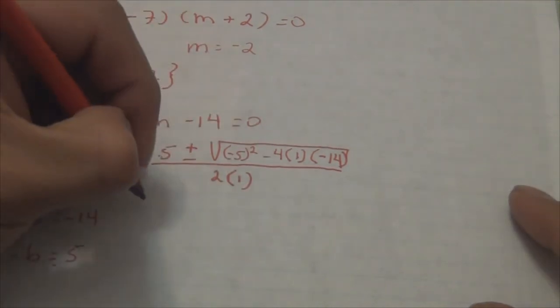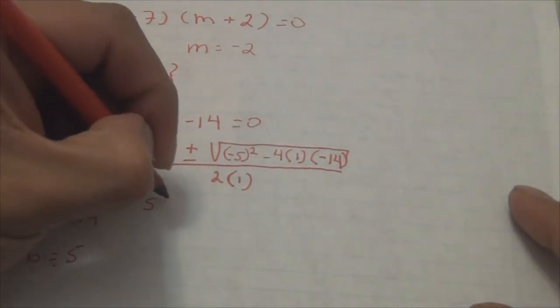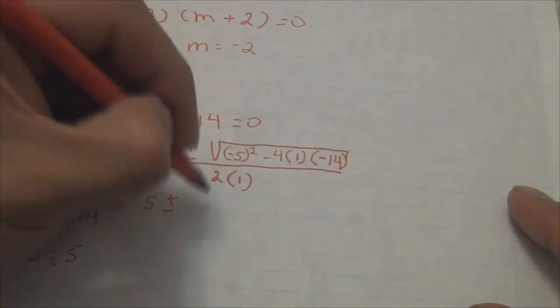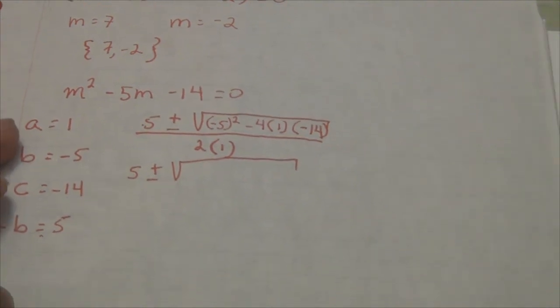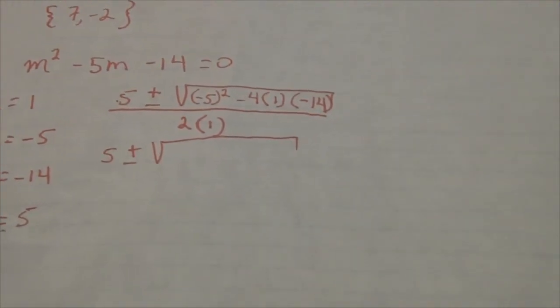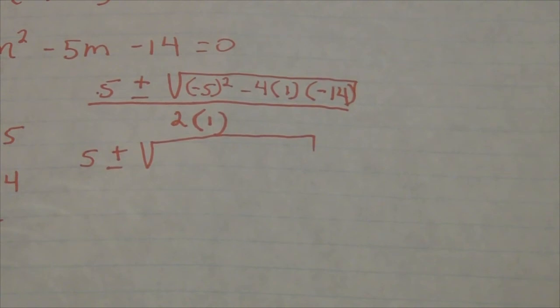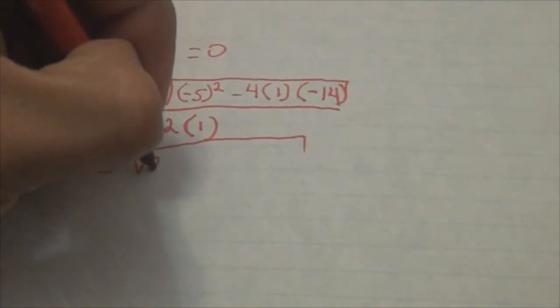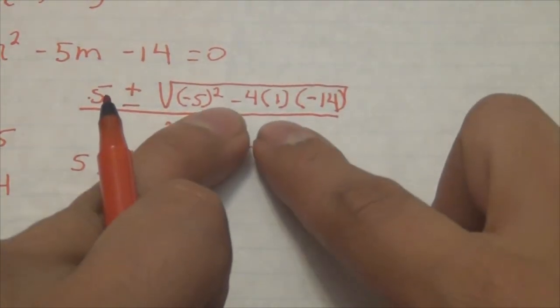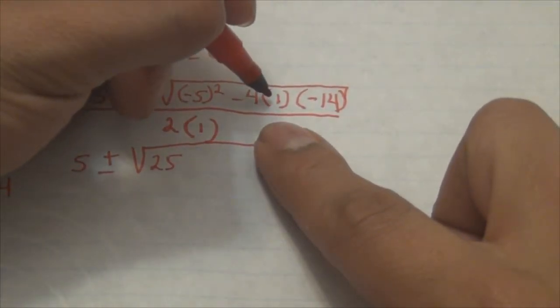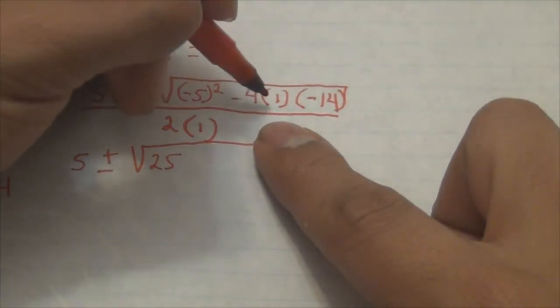Okay, so let's simplify. So 5 plus or minus the square root of, and now let's see, what is negative 5 squared? Correct, it's 25. Now let's determine the sign here. Negative times positive is negative, so this is negative.